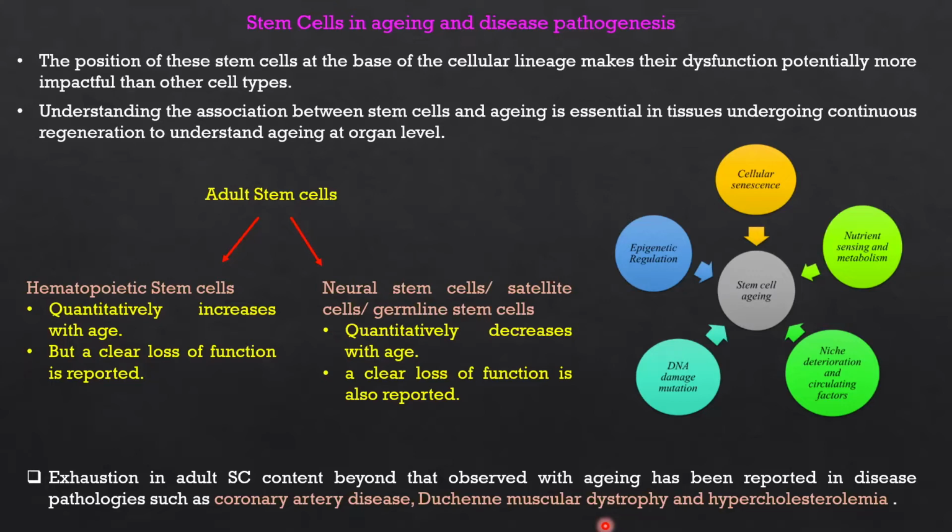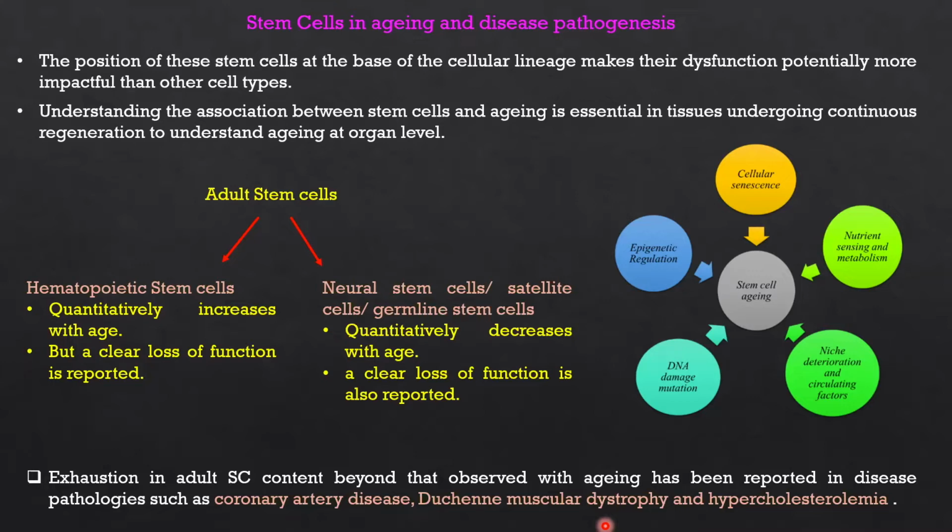They shouldn't be active continuously, but they are, and obviously the number of stem cells is going down. This is because of the disease condition. In certain diseases, the stem cell count goes down and it leads to disease pathogenesis. In muscular dystrophy, the disease condition leads to a decrease in the stem cell content. So this depends upon the type of adult stem cell. This is what I would like to emphasize in this slide.